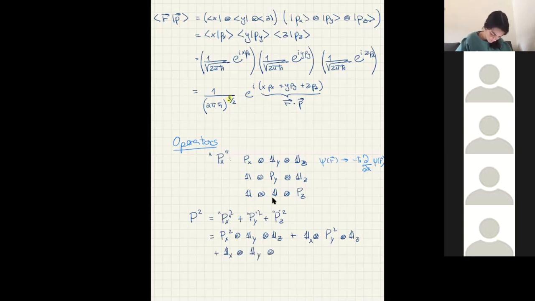Later on, when we solve problems in 3D, like when we start looking at atoms, for example, then we'll often just work directly with the wave function, and all the tensor products will be implicit, but it's good to see them in the beginning at least once. Okay.